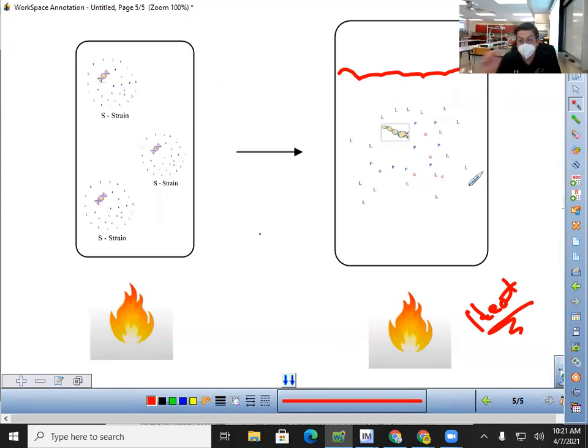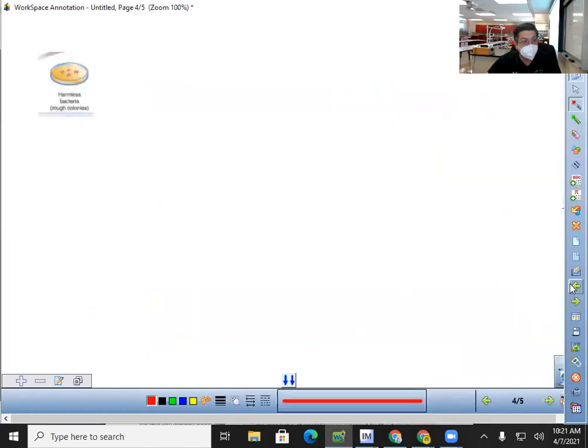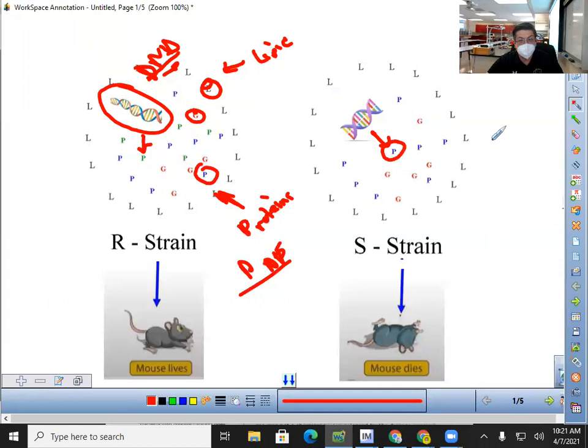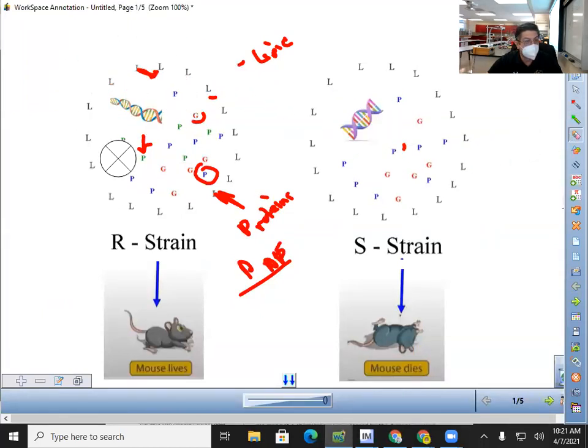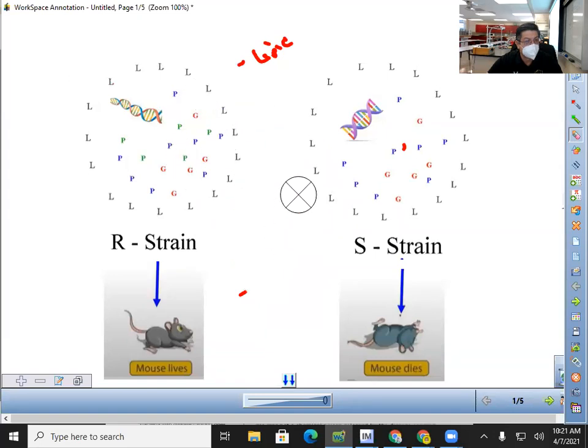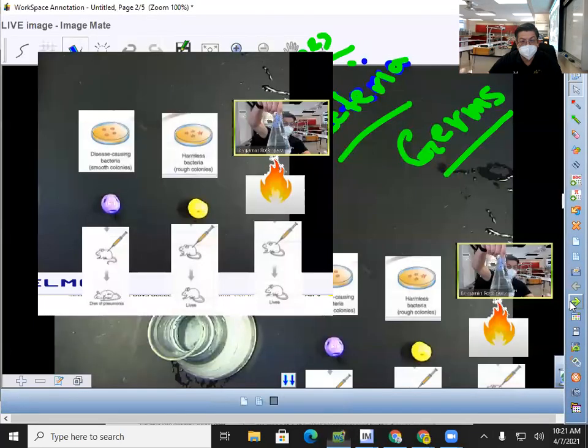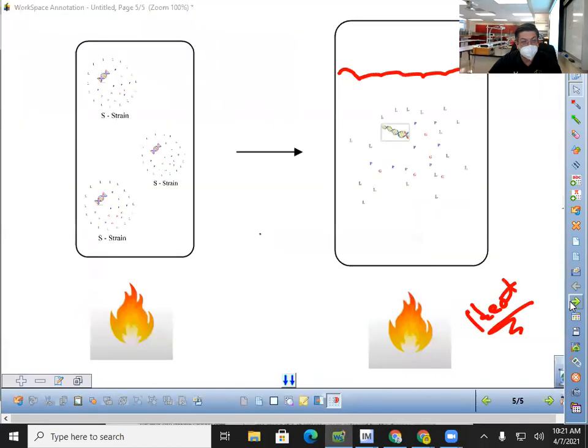So what ends up happening is when he adds these guys now, let me erase all this. So now when he takes this guy right here, remember, the rough doesn't do anything to the mouse, right? But when he took the S strain, he heated it, basically it disintegrated those cells.